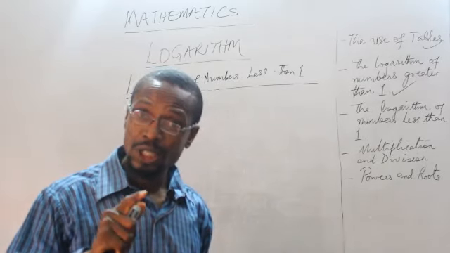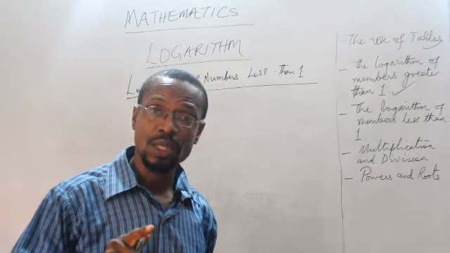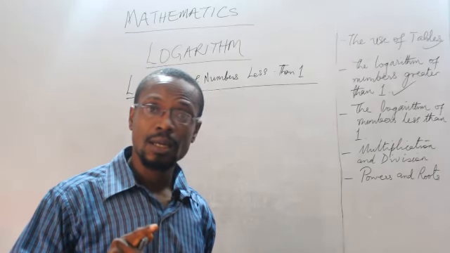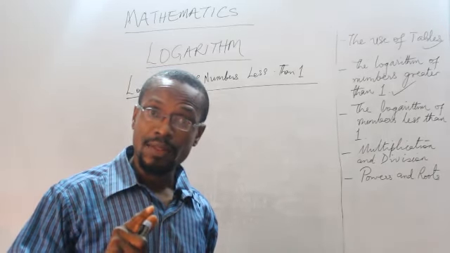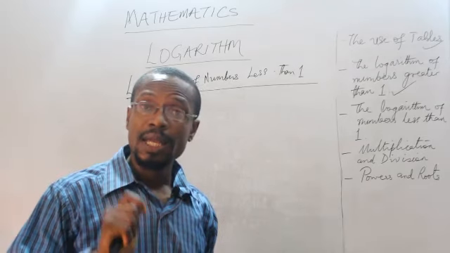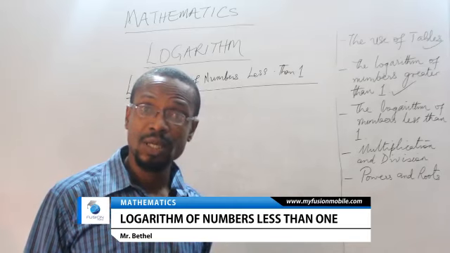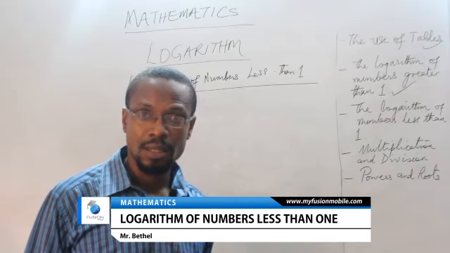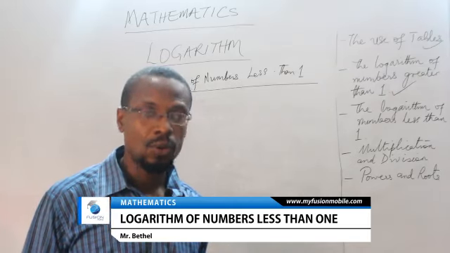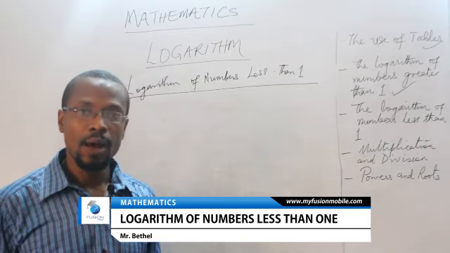If the number is 2 digits, the characteristic is 1. If the number is 1 digit, the characteristic is 0.